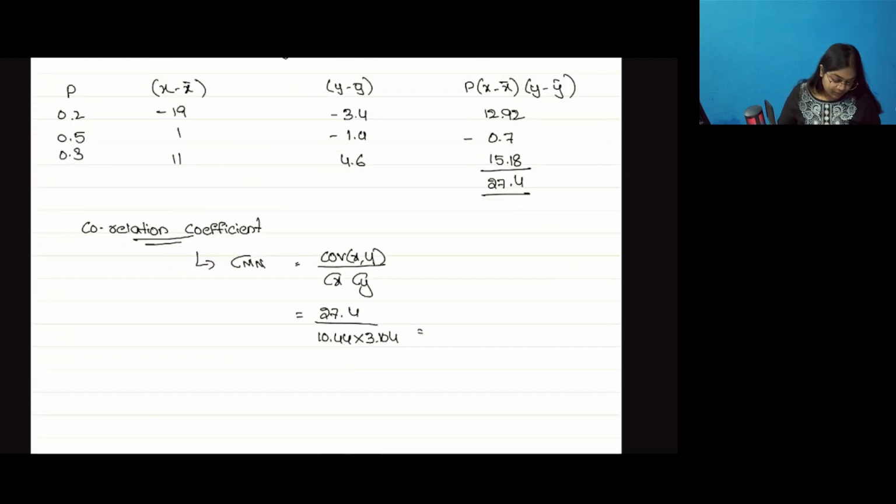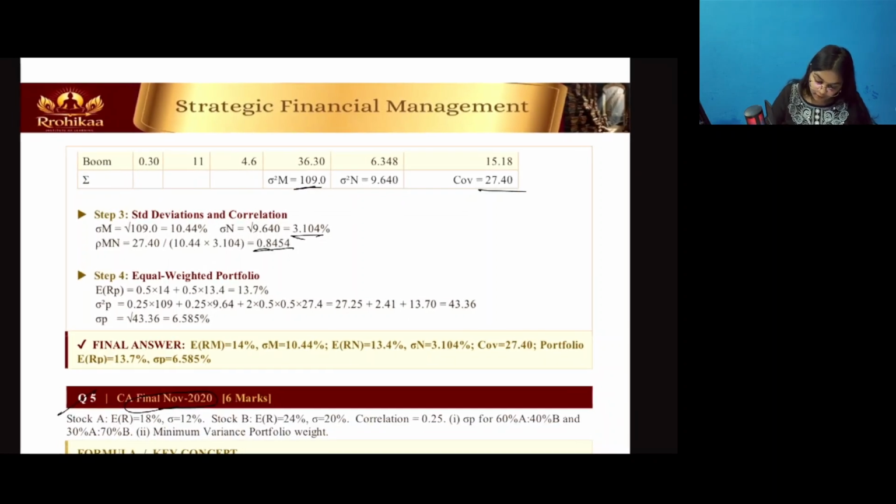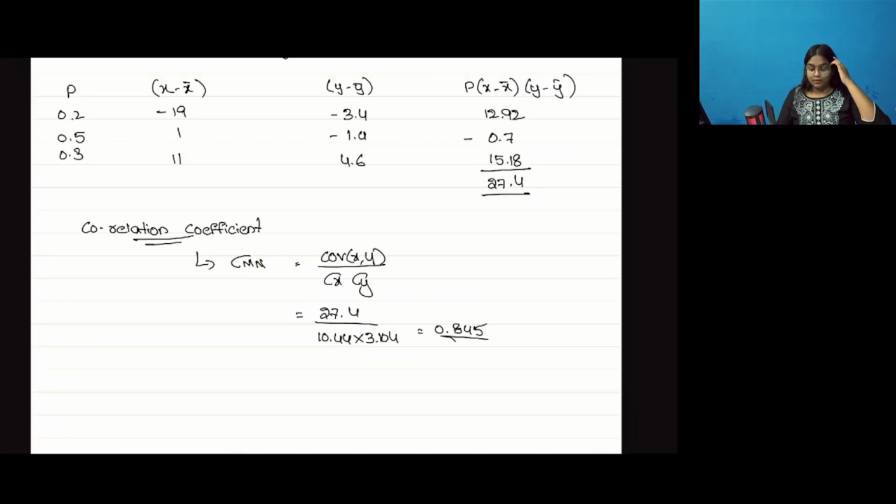So 10.44 into 3.104 is 32.405. 27.4 divided by 32.405 is 0.845.